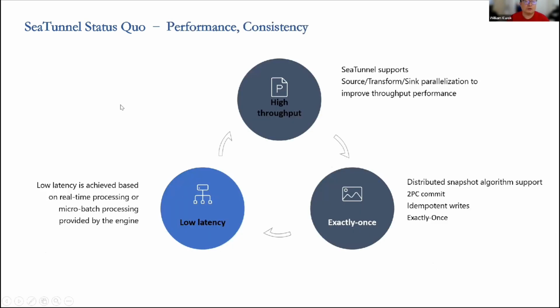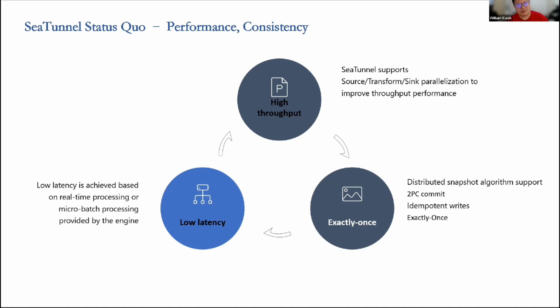In summary, SeaTunnel has many advantages. It has high throughput, supporting source, transform, and sink parallelization to improve throughput performance. It also has low latency, based on real-time processing and micro-batch processing provided by the SeaTunnel engine.